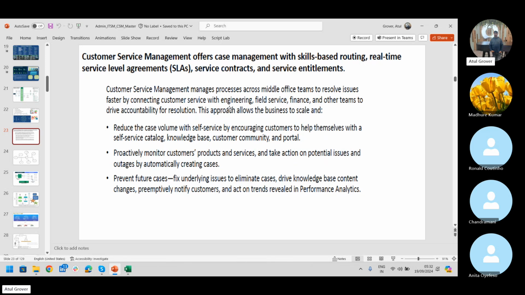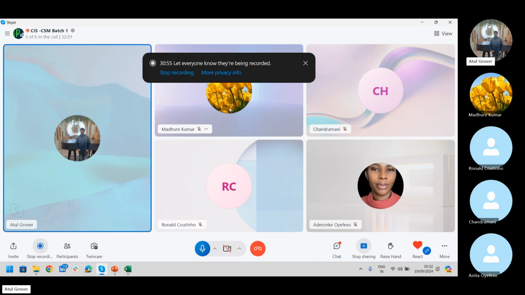What is the meaning of proactive here? We are using ATM cards, and everybody is using online banking nowadays. We receive an email saying from this date to this date, this time to this time, the site will be down.